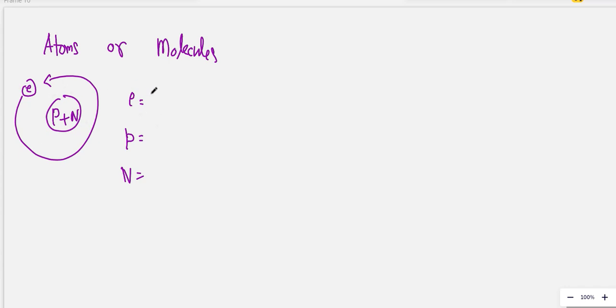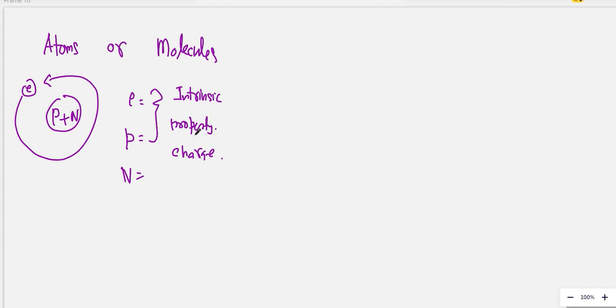So these two particles, the electron and proton, have an intrinsic property which is called charge. You may ask, what is an intrinsic property?